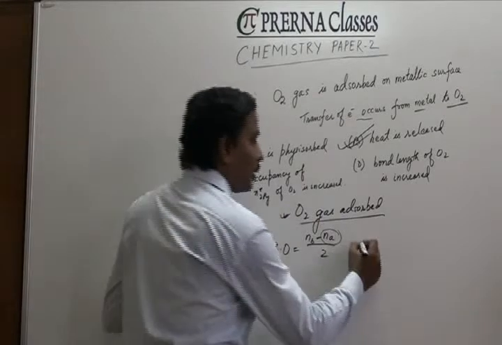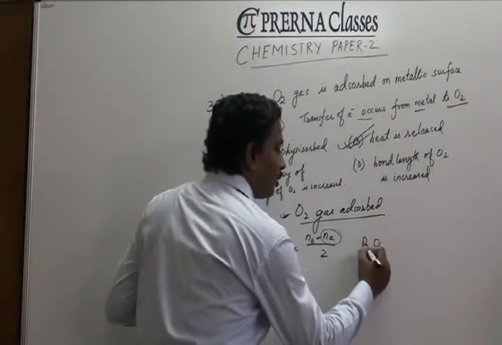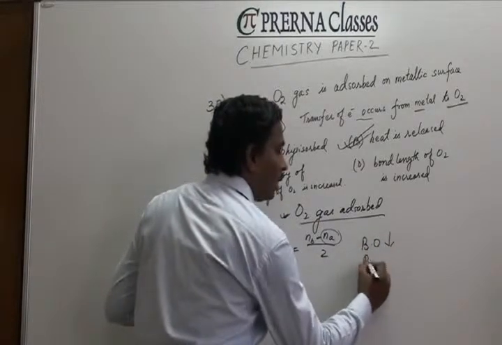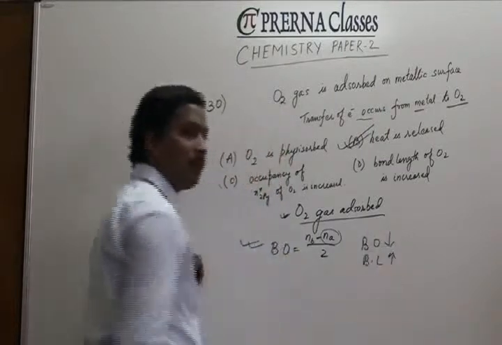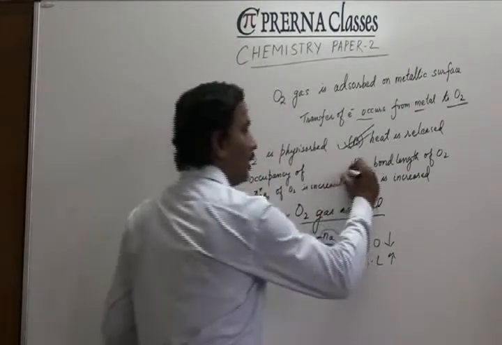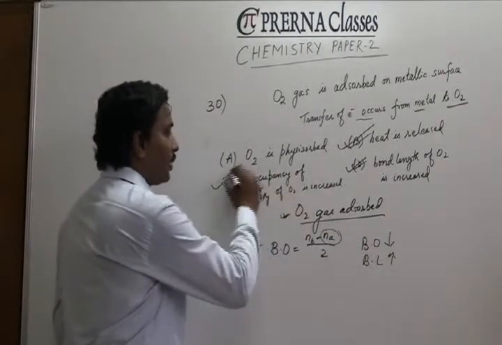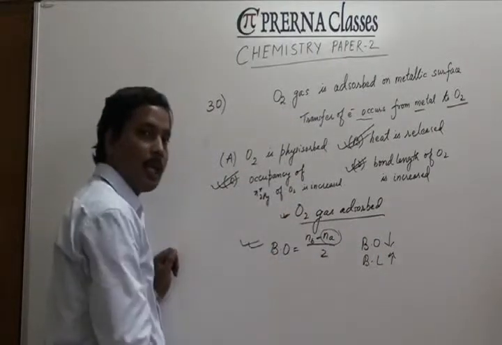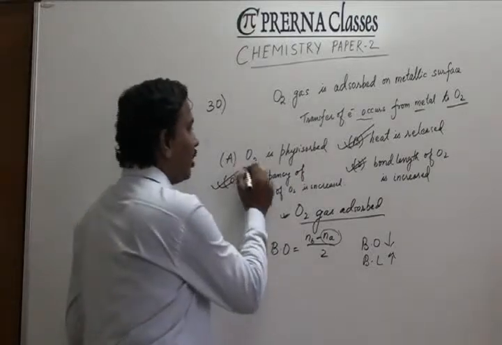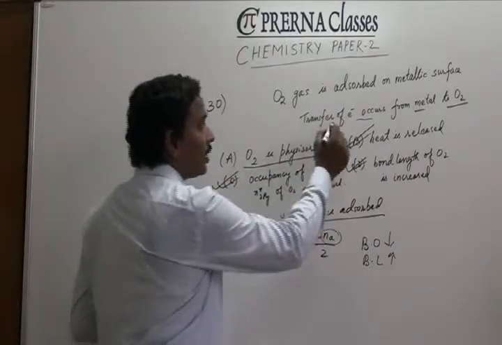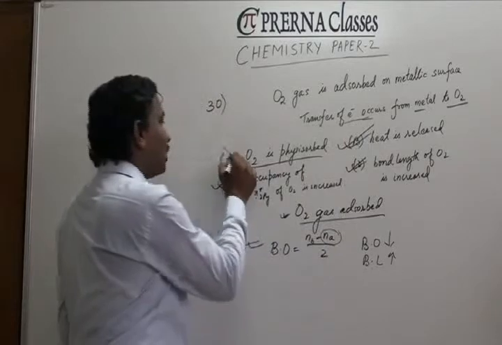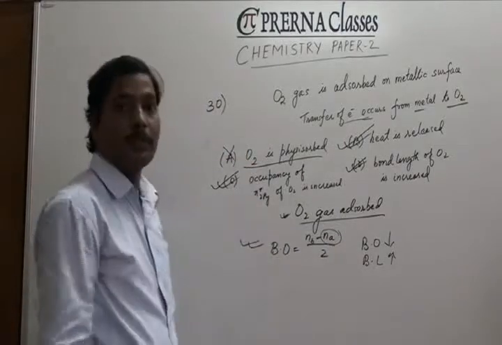If bond order decreases, then bond length should increase because they are inversely proportional. That means option D is also correct. Since one more electron is present and it is in antibonding, option C is also correct. Now if we consider option A, since it is a transfer of electron, it is not a physisorption reaction.